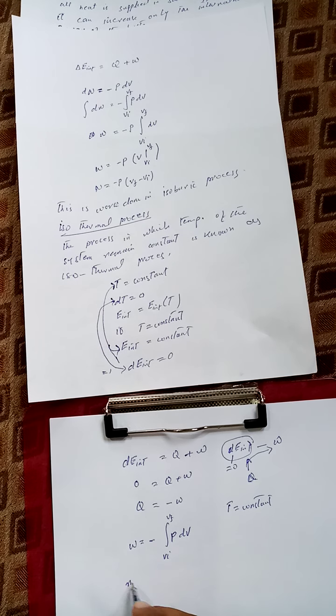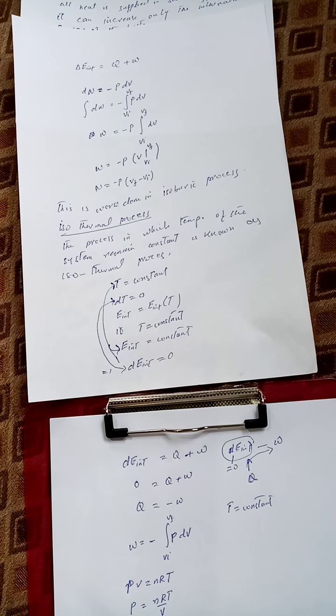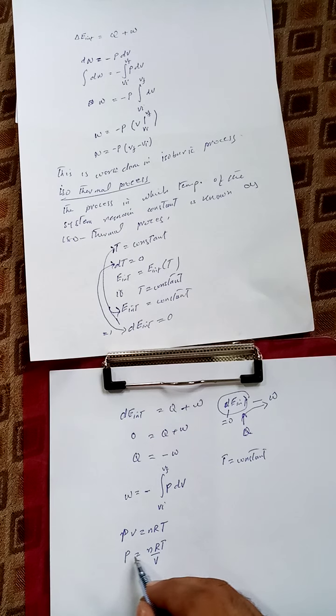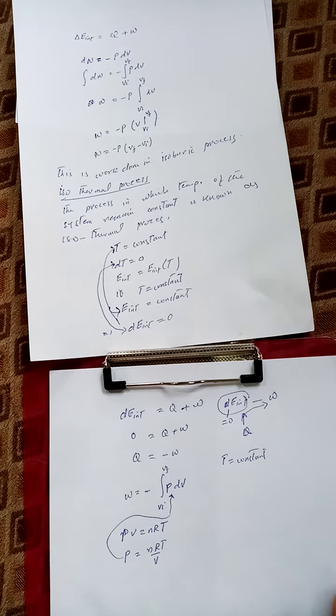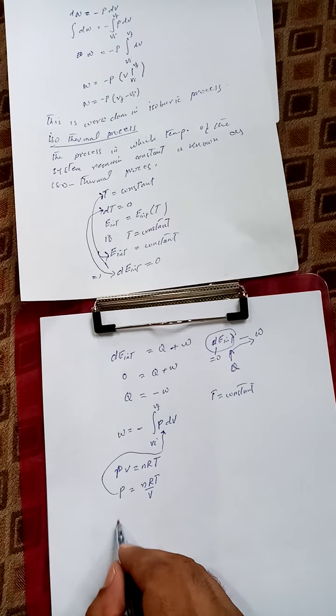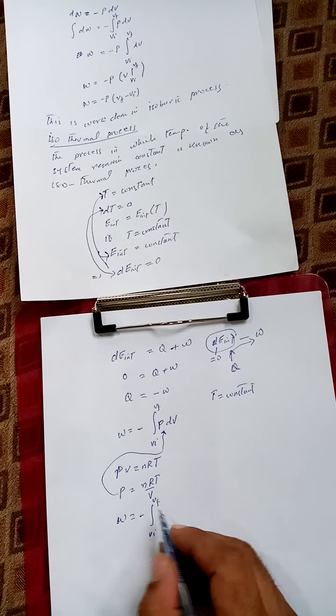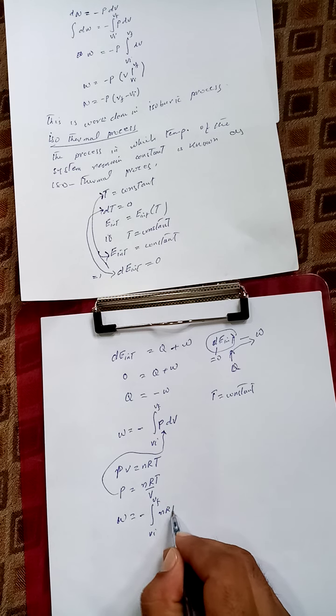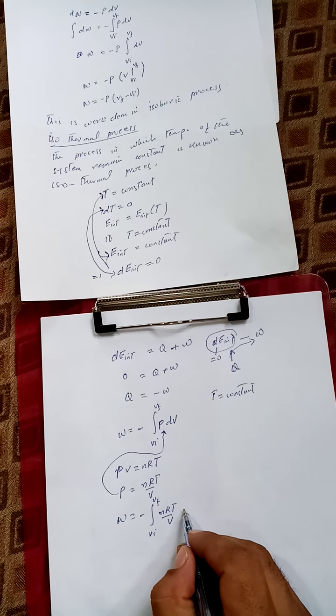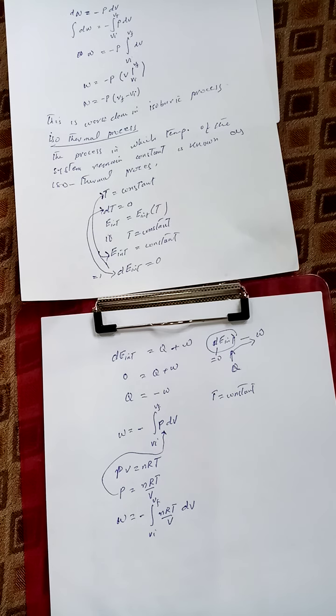So we know that PV is equal to nRT, so P is equal to nRT over V. Using the value of P in this equation, we get the work done is equal to minus the integral from initial volume to final volume of nRT over V into dV.